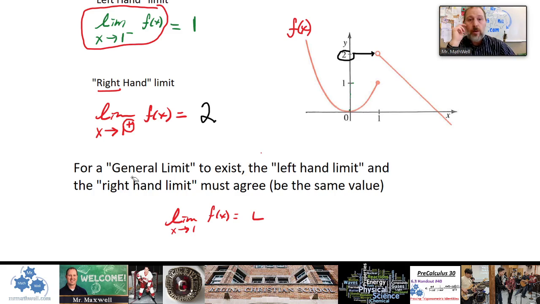Where you have a left-hand limit approaching a and a right-hand limit approaching a, then that value is your limit. But if the left-hand and right-hand limits do not agree, then you do not have a limit at that number. You would only have a one-sided limit, but not an overall general limit. Okay?